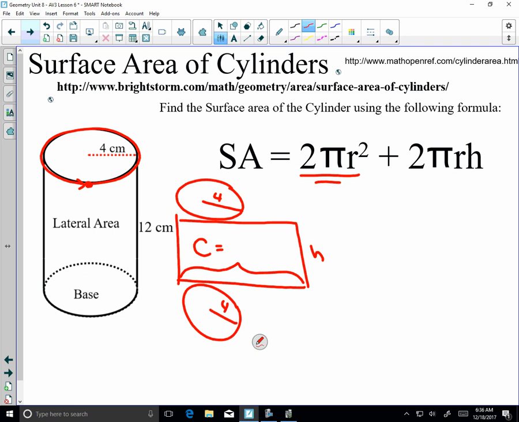So our circumference, we've got 2 pi r, or 2 radius pi, however you want to look at that value overall. And that's how you can see the two parts. Okay, there's the base of the rectangle times the height of the rectangle.